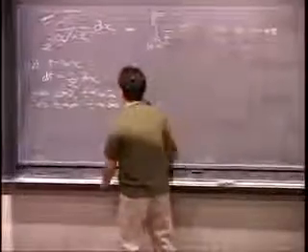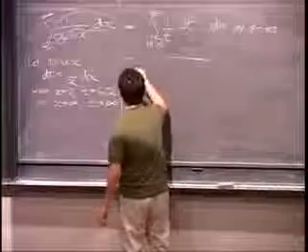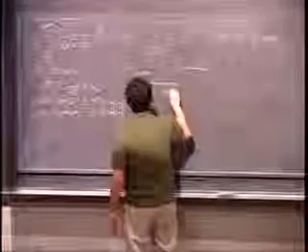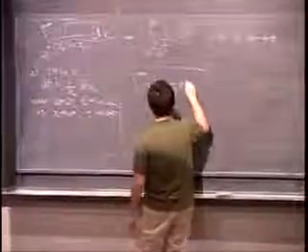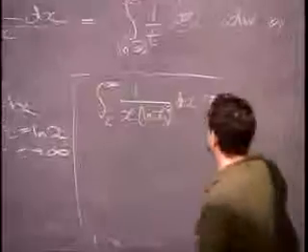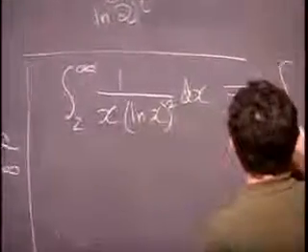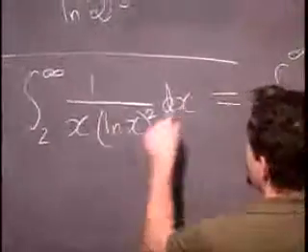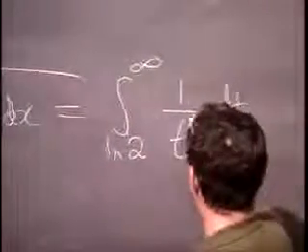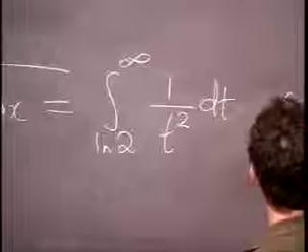So this was the next example I wanted to look at, and then I really have to move on to integrals at 0. So suppose I do 1 over x log x squared. Well, the same substitution will lead us with dx over x is still dt, but I now have 1 over t squared, and that actually converges by the p-test.